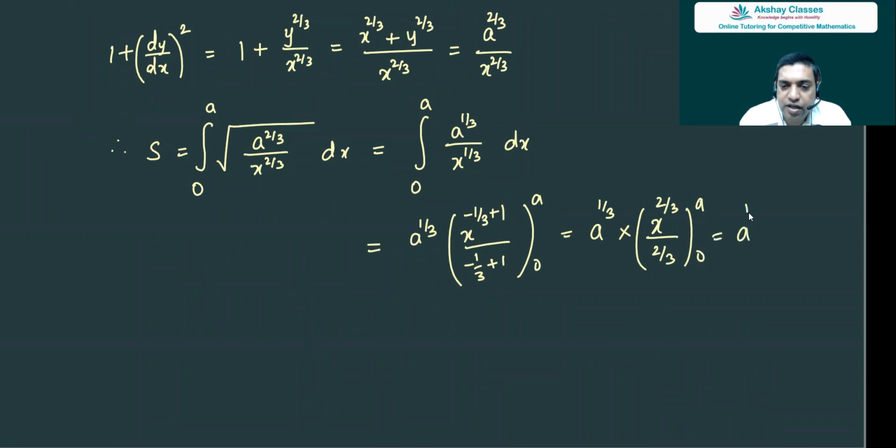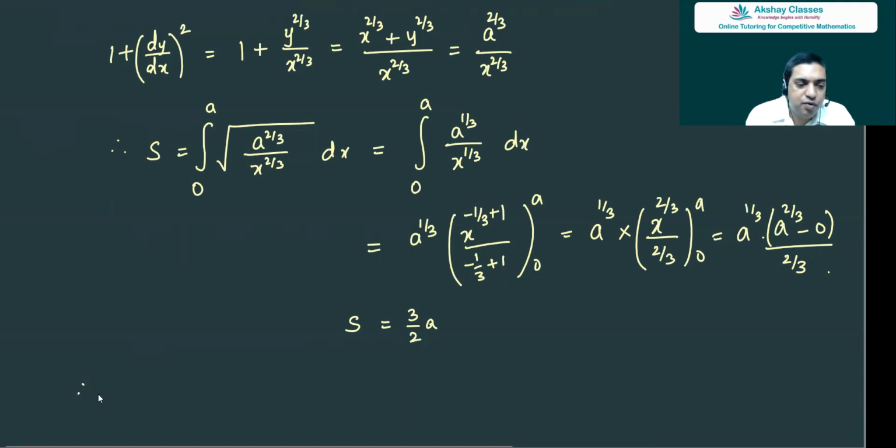So a to the power 1 by 3 times a to the power 2 by 3 minus 0 by 2 by 3. So we get 3 upon 2 a to the power 1 by 3 times a to the power 2 by 3, which is a. So this is one portion of the length of this curve.